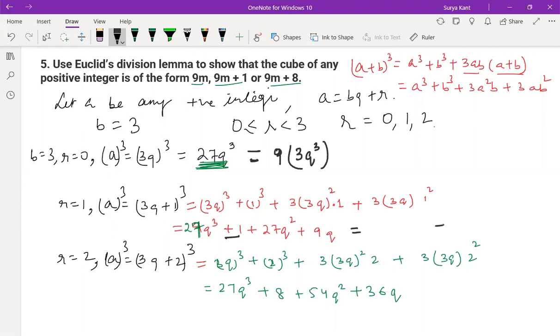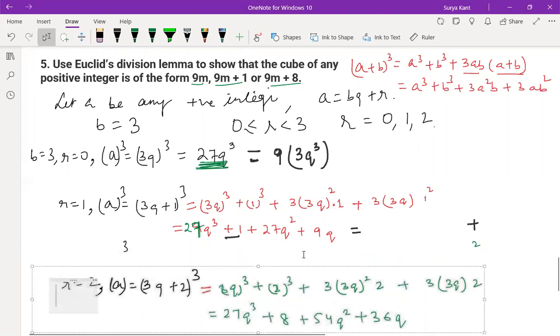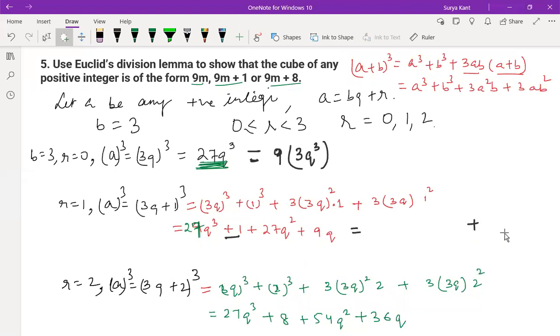The plus 1 you just take it out and write the rest in bracket, that is 27q to the power 3 plus 27q² plus 9q. So we write here plus 1 outside.